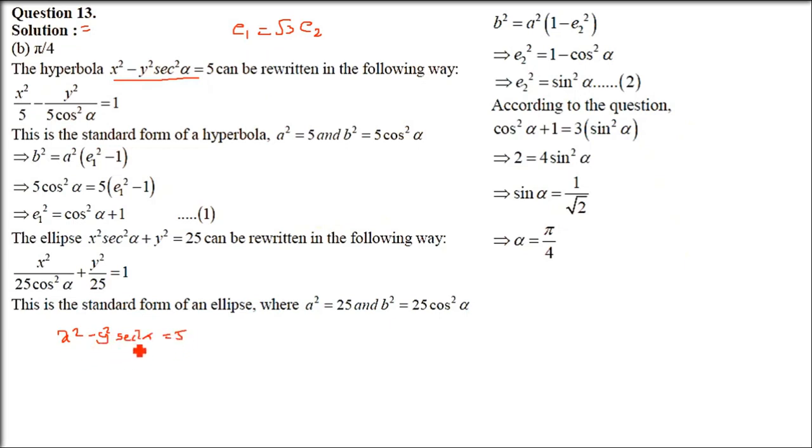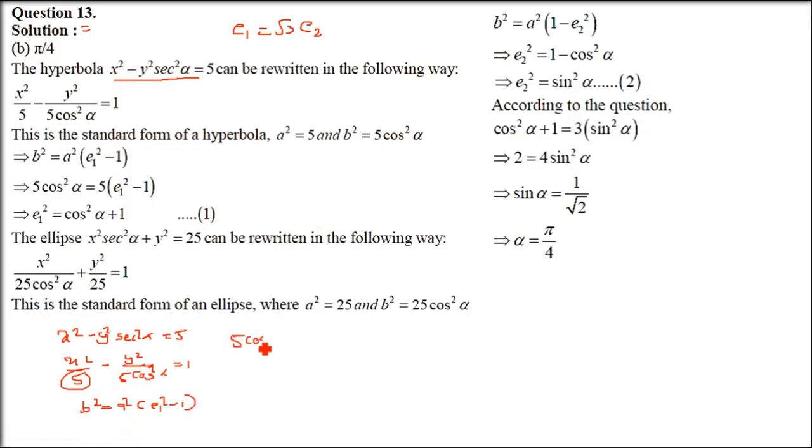Divide both sides by 5, and sec square I am taking as 1 by cos square. So we get x square by 5 minus y square by 5 cos square alpha equals 1. Now a square is 5, b square is 5 cos square alpha. So we have b square equals a square into e1 square minus 1. This is the direct formula for the hyperbola.